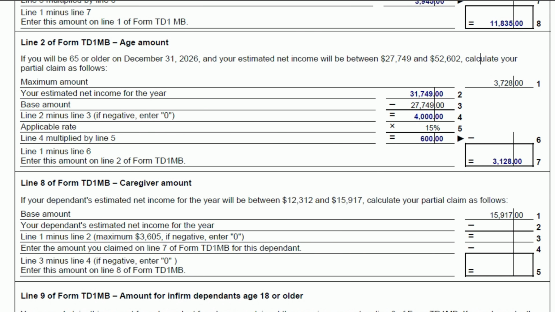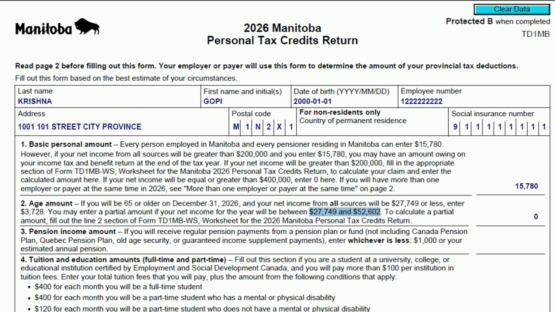So when you minus both, you get $4,000, and this $4,000 will be multiplied by 15%, which gives $600. So this $600 is what will get minus from 3,728, and the balance that comes is 3,128. This is the balance which will be entered here, 3,128, and let me make this 0.